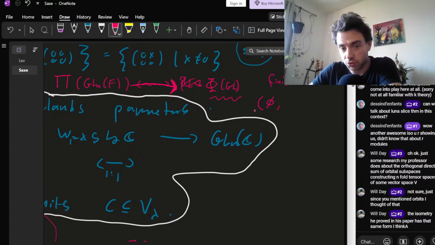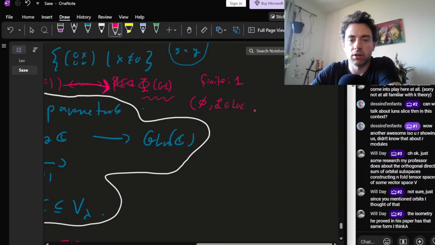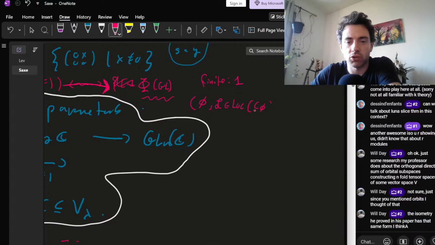One way to view it, in order to promote this back to a bijection, is that the second component is a local system on the associated orbit. This isn't the most common way to phrase it, maybe, but it is in my world. Sometimes this is phrased a bit differently.